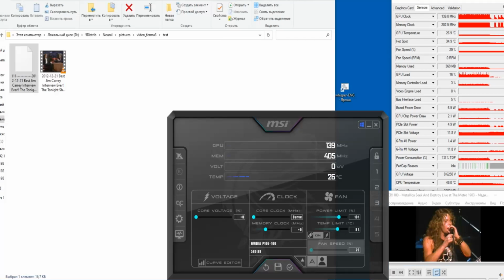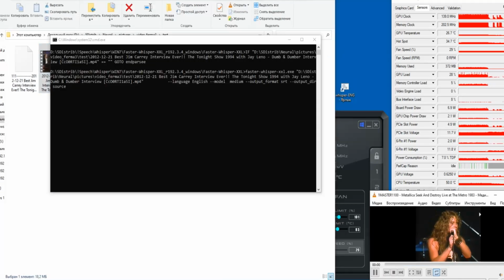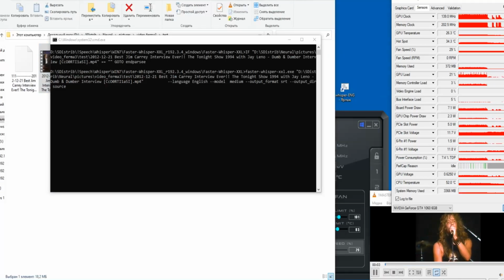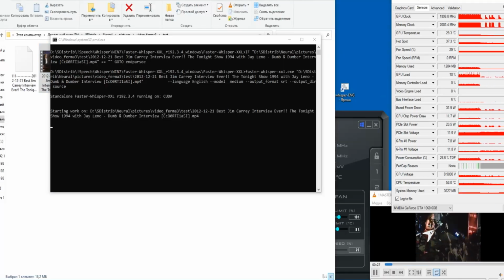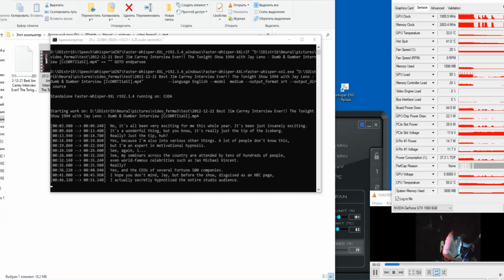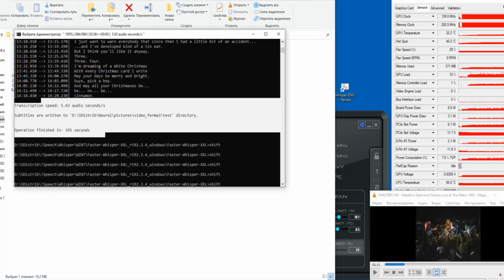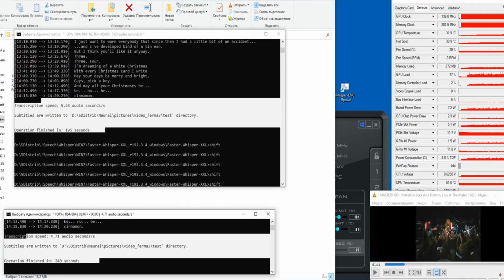Now we increase the limit to 100%. We run the video file recognition again. Strange, the speed slowed down to about 6 seconds per second, although I increased the energy consumption.